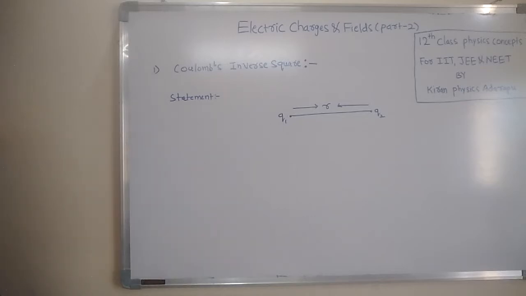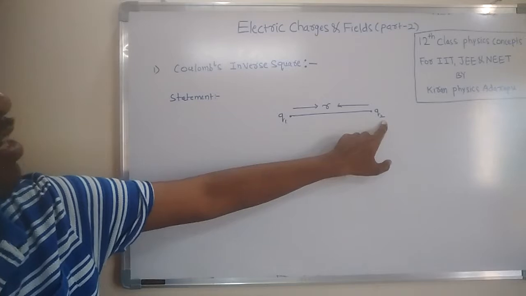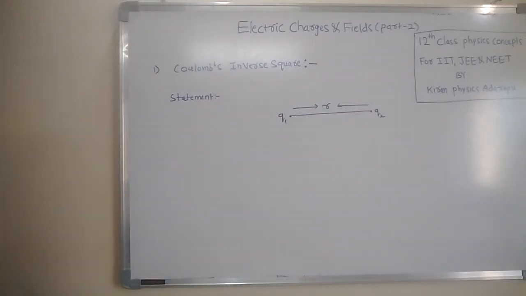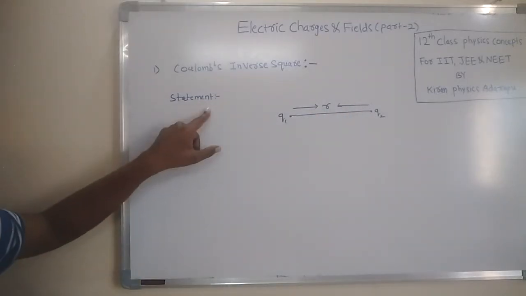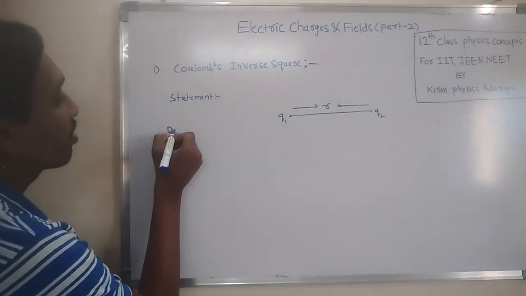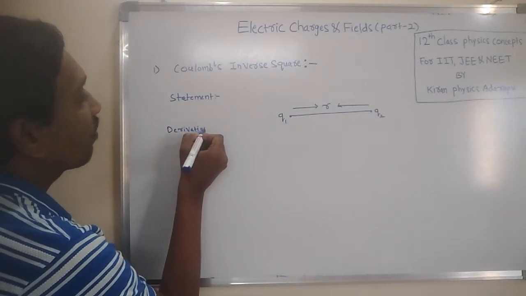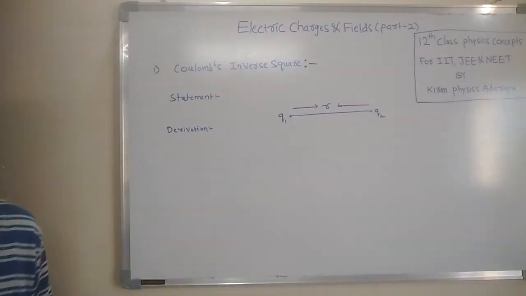Recognize that point here. The force of attraction or repulsion between any two stationary charges is directly proportional to the product of magnitudes of the two charges and inversely proportional to the square of the distance. That is the statement. Based on this statement, we have to derive one expression. We will discuss the derivation of electric force based on Coulomb's inverse square law.